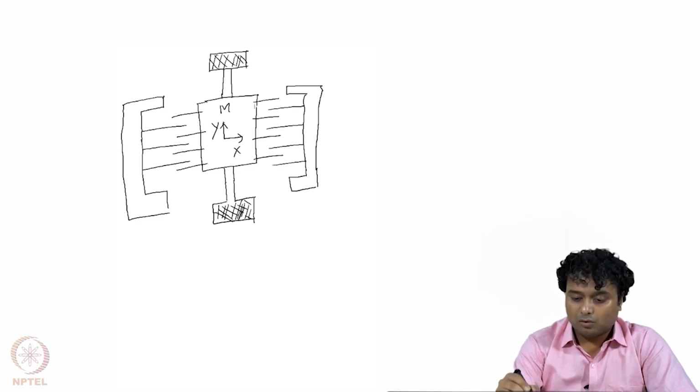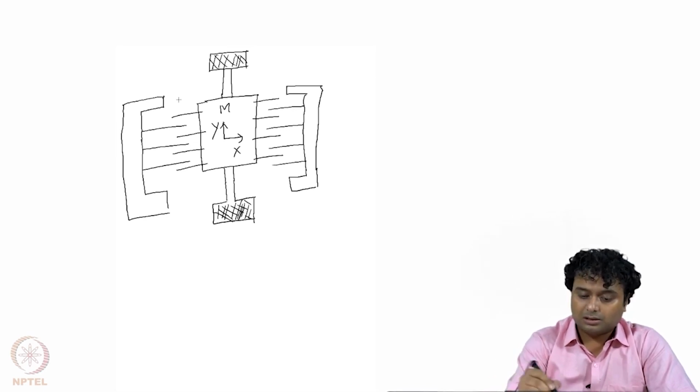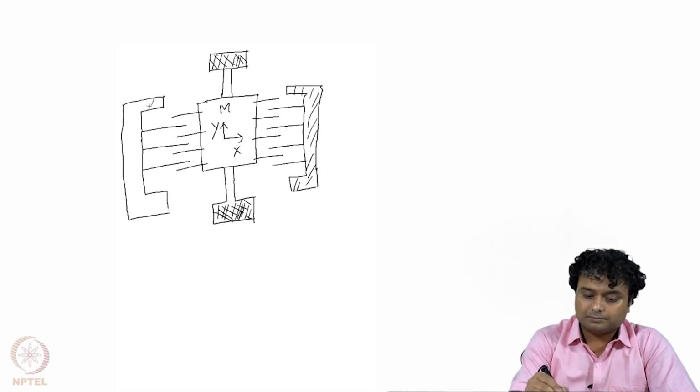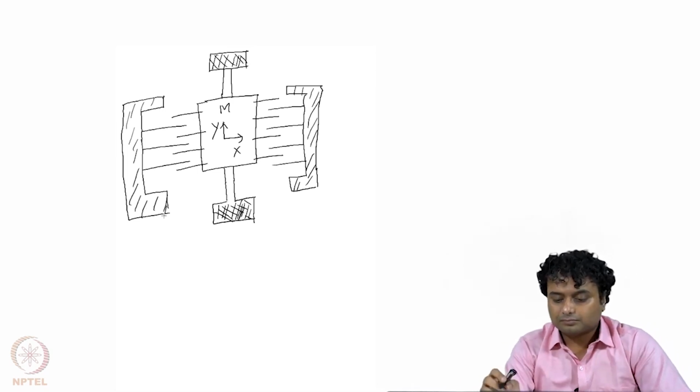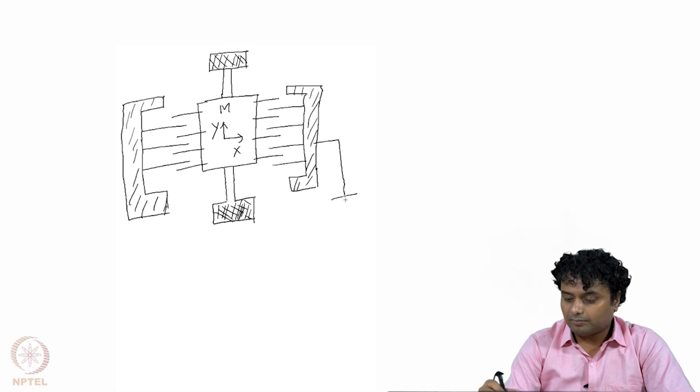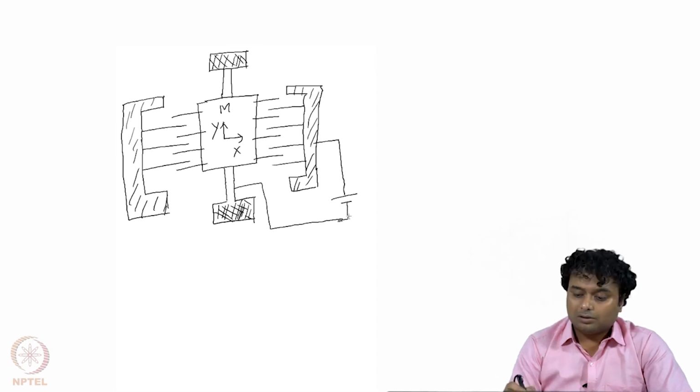So, these combs which are connected to the proof mass are the moving combs, right, and the other combs which are connected to this static plate cannot move. Now, if we apply a potential difference between the static comb and the moving comb, what will happen?